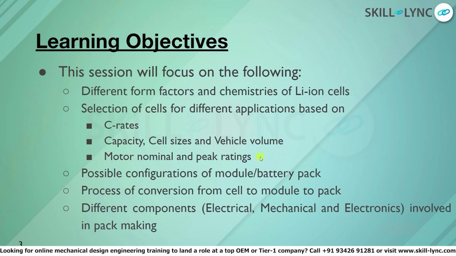And then we'll also understand what are the motor nominal and peak ratings, and according to that, how do we size our battery pack. And then we'll also focus on what are the series parallel combinations of modules, because a module consists of cells and a battery pack consists of modules. So we'll have to make the right combination of cells in series and parallel to get the right battery pack specification in terms of voltage and capacity.